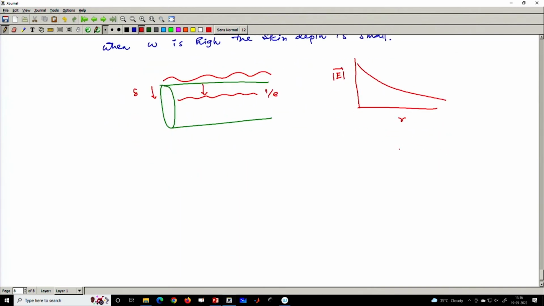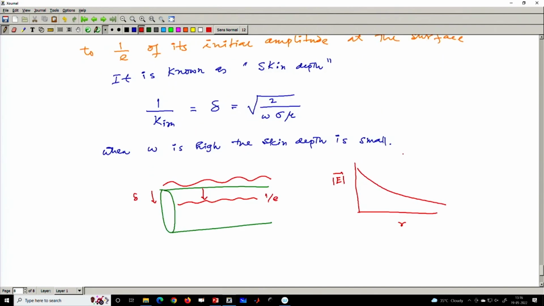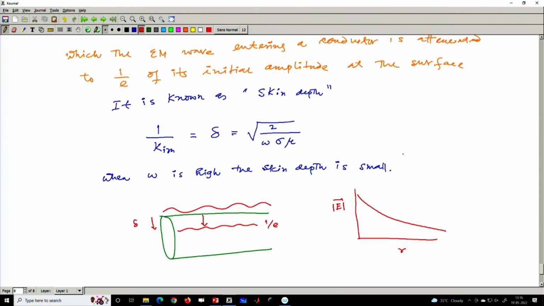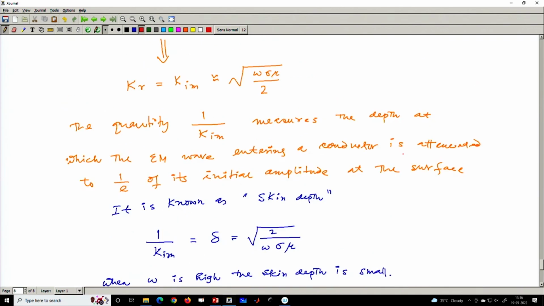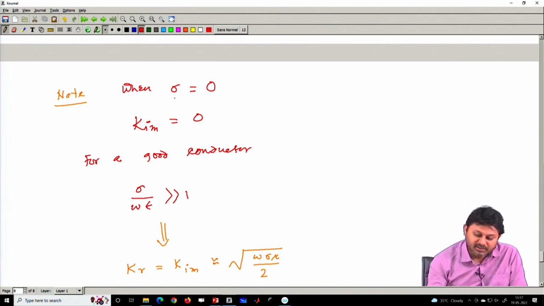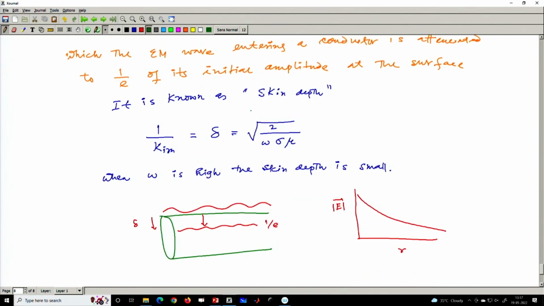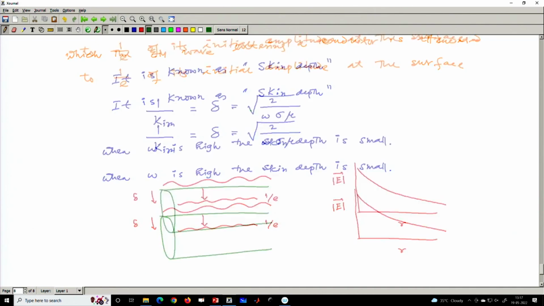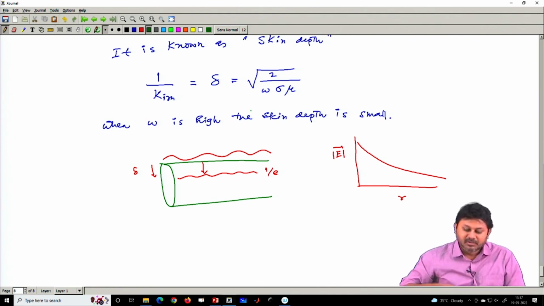The entire electromagnetic wave is contained over the surface of the conductor, because if it enters into the conductor, there should be a decay, and this decay is due to the imaginary part of the propagation constant k, arising due to sigma, the conductivity. The conductivity of the conductor basically attenuates the electromagnetic wave and restricts it to stay mostly on the surface of the conductor.